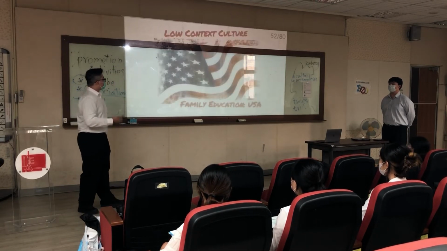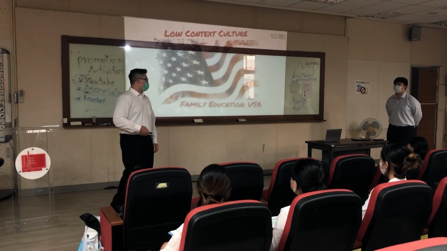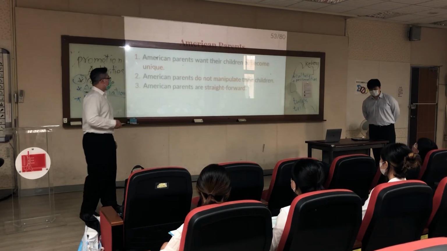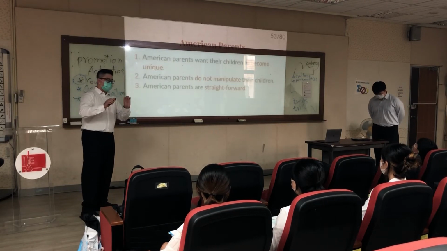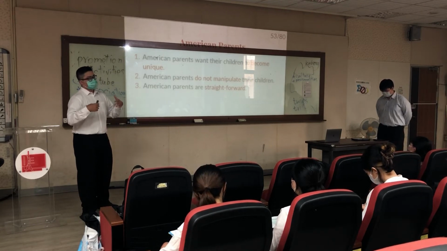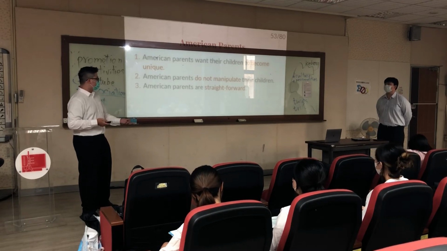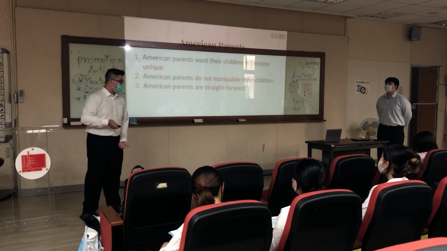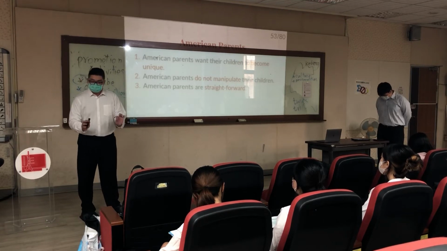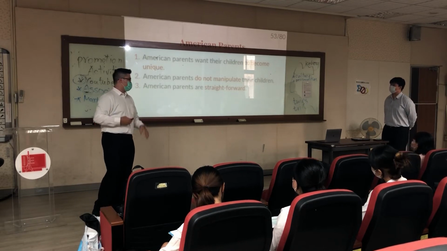Now for a low context culture, I use family education in the USA as an example to demonstrate how the low context culture works. American parents have a very short-lived relationship with their children, because most children in the United States, at the age of 16 or 18, live far from home, which means they only have a very short period of time for interaction and a relationship with their parents.